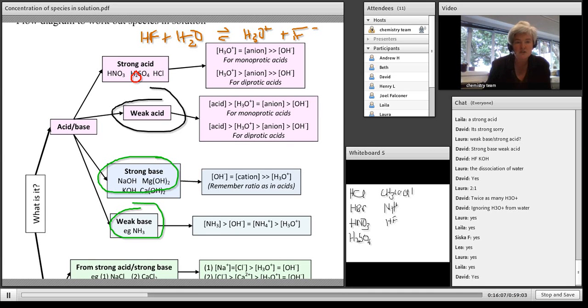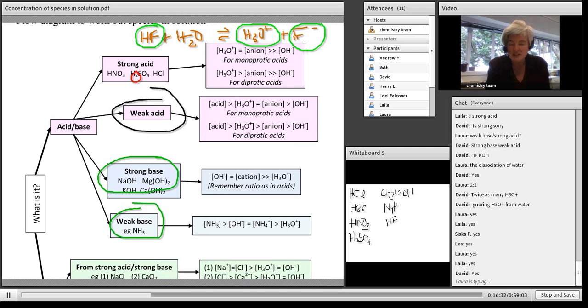So what I'm going to have present in solution is HF, hydronium ions, and fluoride ions. And then I'm always going to have, remember, the hydronium and the hydroxide from the water dissociation. What will be the most present? Will it be the hydronium ions, the fluoride ions, the HF, or the hydroxide? The HF, correct.